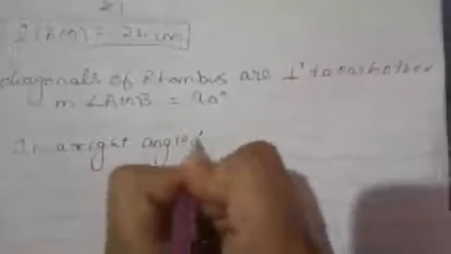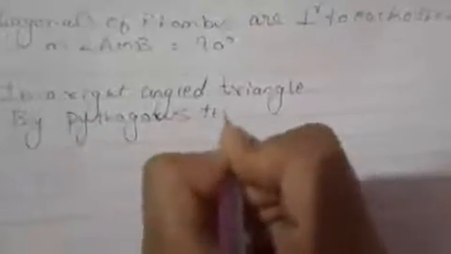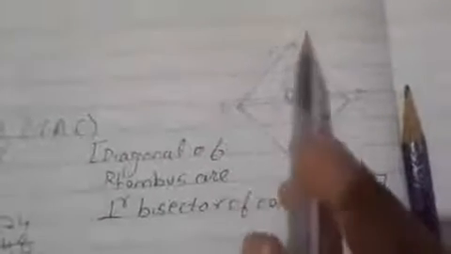So we can write, in a right angle triangle, by Pythagoras theorem, what will it be?